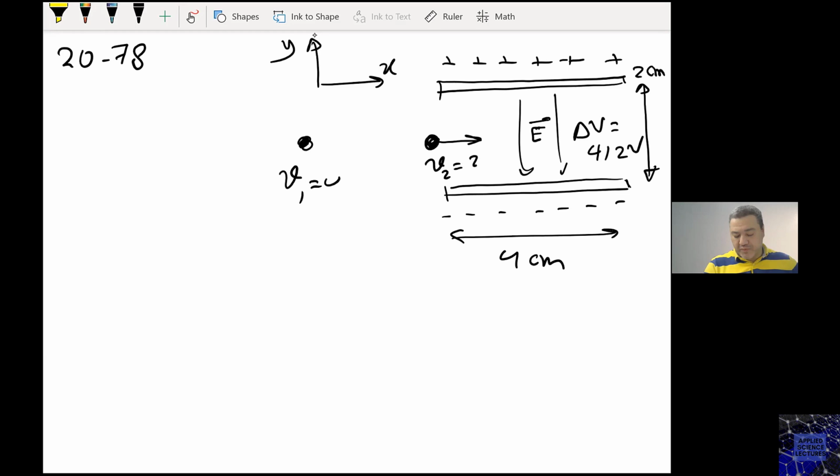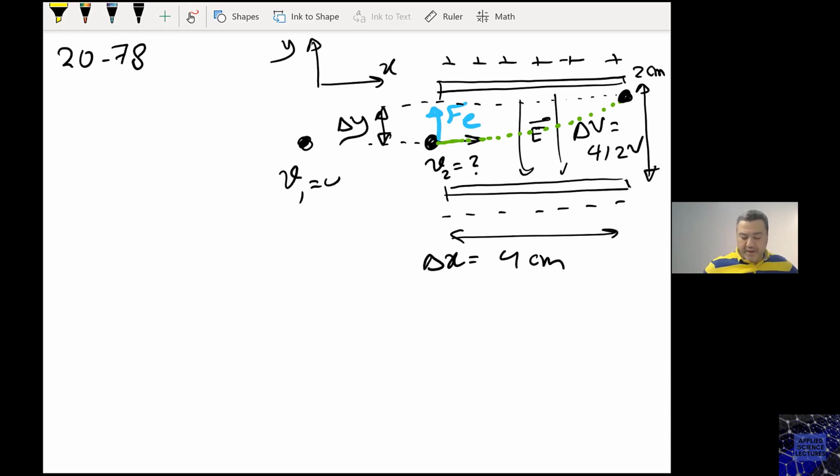V2, I don't know. Now, once this enters the electric field, there will be electric force in this direction. This electric force will cause the electron to deflect. I want to calculate the delta y. This one I'm calling also delta x.